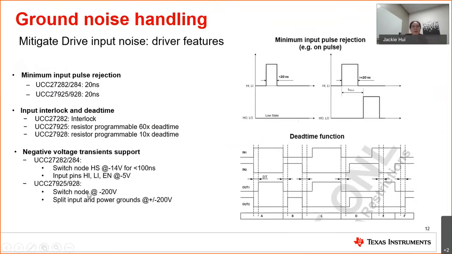Our newest drivers, which I will go into more detail later on, are the UCC27925 and 928. These are the drivers I mentioned at the beginning that have a different driver architecture. This one not only has a very high tolerance at the switching node, minus 200 volts, it also has a split input ground.